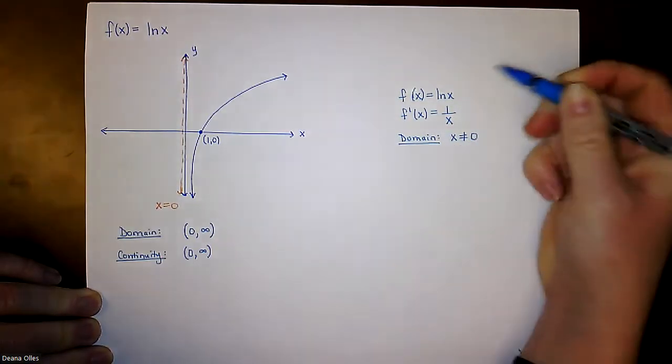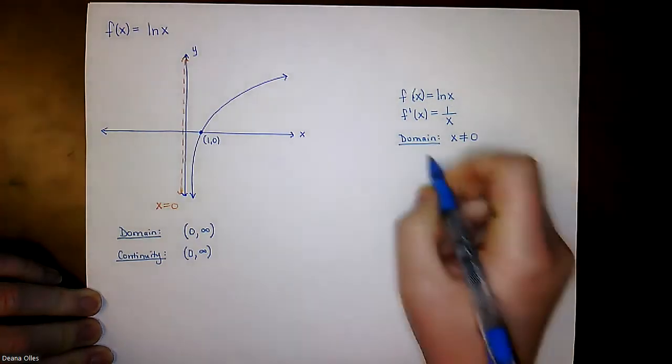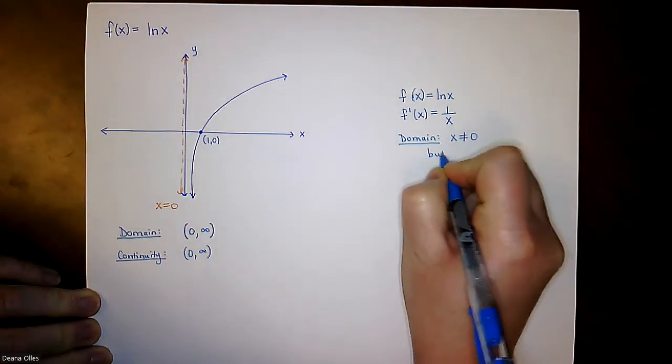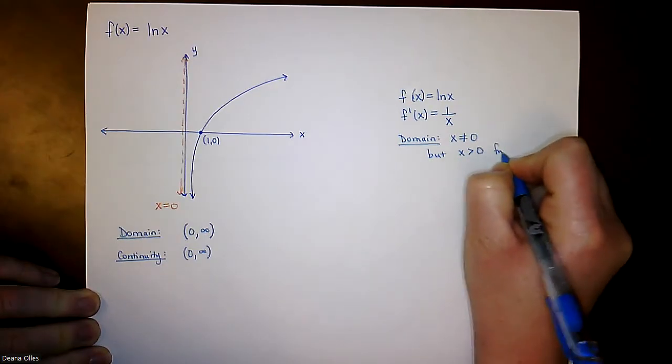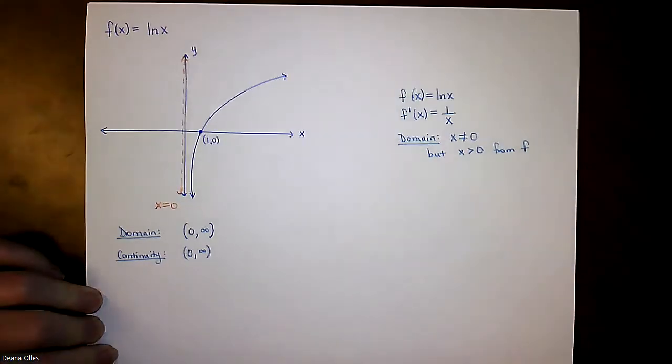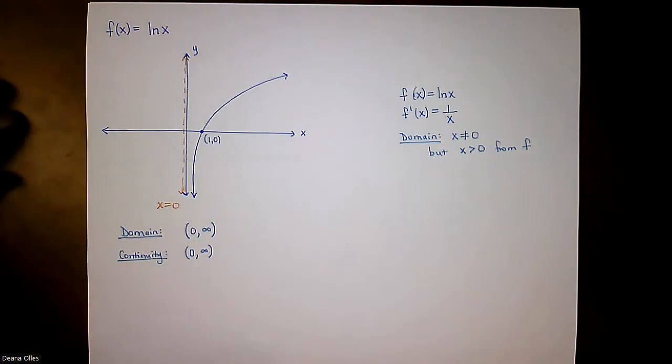We can't have x equals 0 because that's 1/0, which is undefined. So x cannot be 0, but x was always strictly positive from the original function. We can't all of a sudden bring in negative numbers. Okay, it's not going to work.